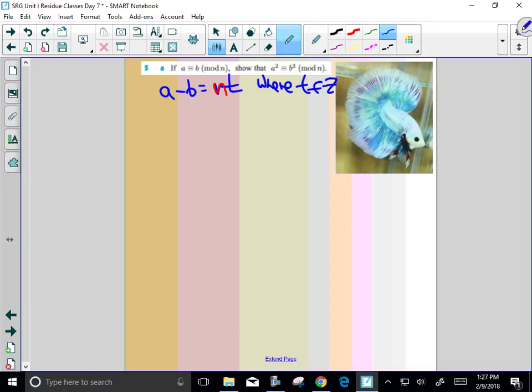Now, what I'm going to do, Jake, is I'm going to solve for a this time. a is going to be b plus nt. And once you get it into equation form, you can do whatever you do with equations. So we could add something, multiply by something. How about if we square both sides?